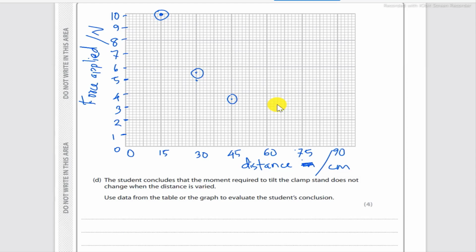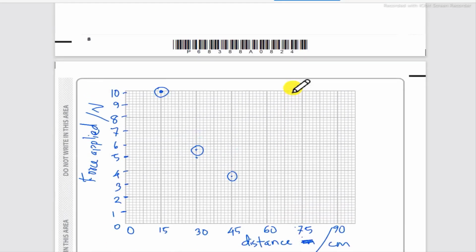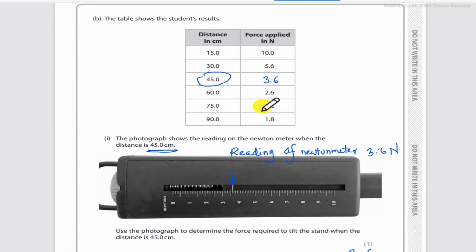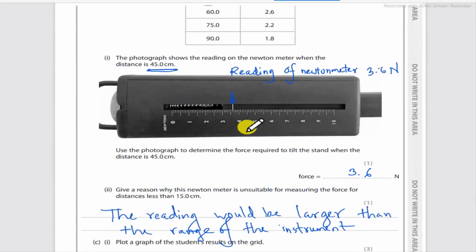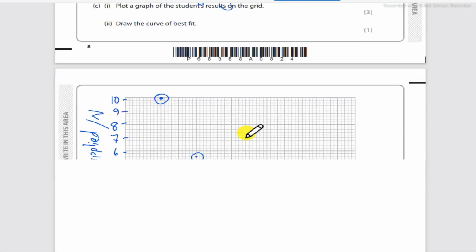When the distance is 60, the force is 2.6. When the distance is 75, the force is 2.2.